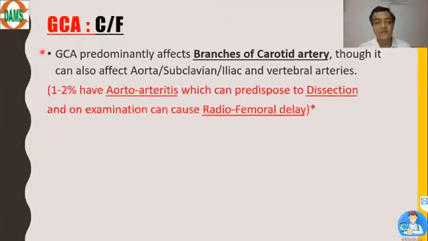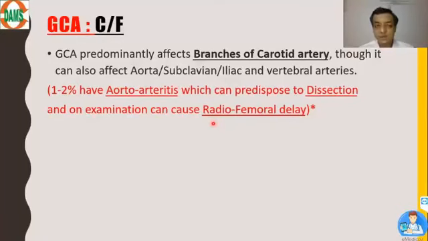Remember the point, 1 to 2% of the cases have aortoarteritis, which can predispose to dissection, and on examination, what finding can we get? Radiofemoral delay. We can get the finding radiofemoral delay.